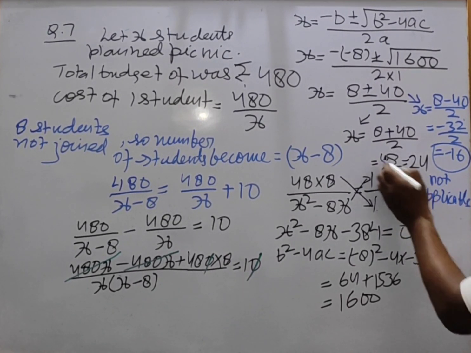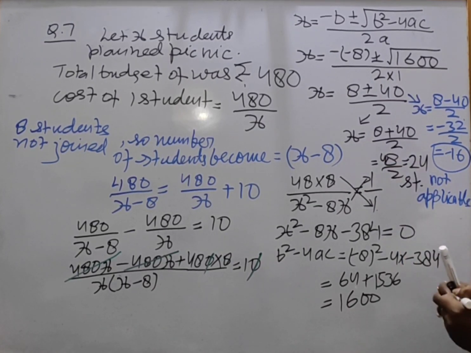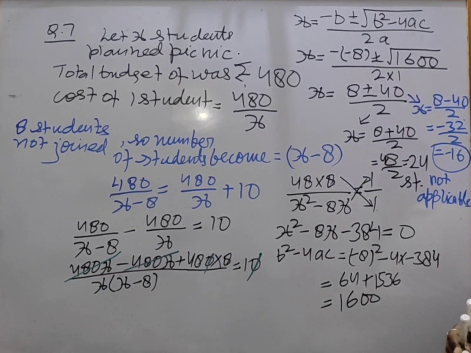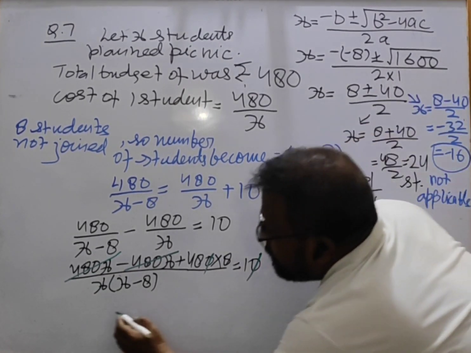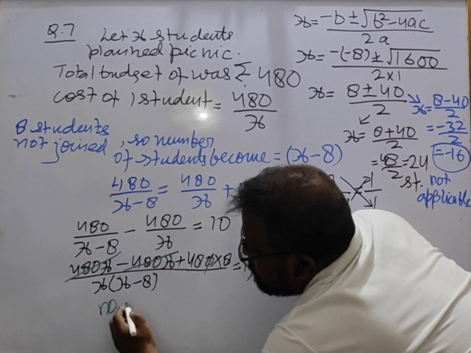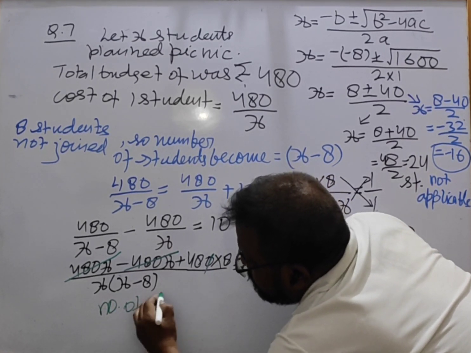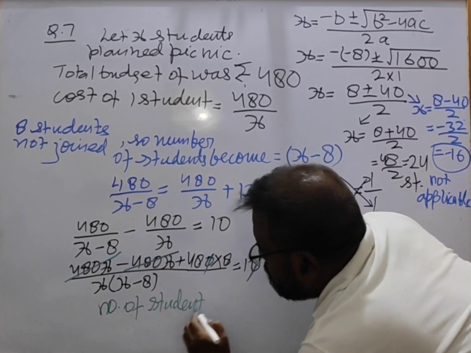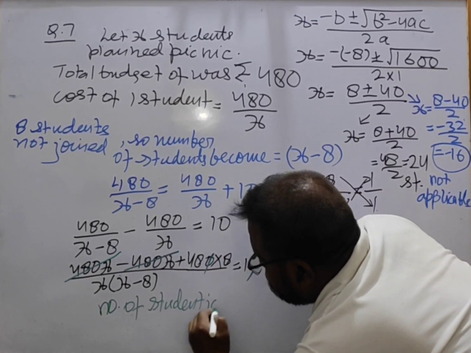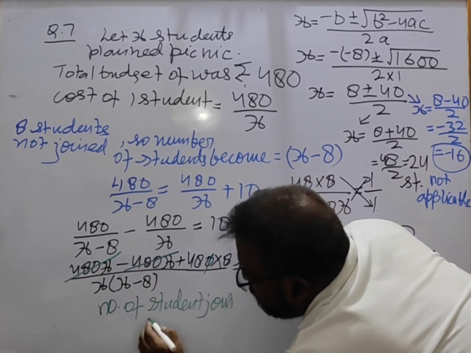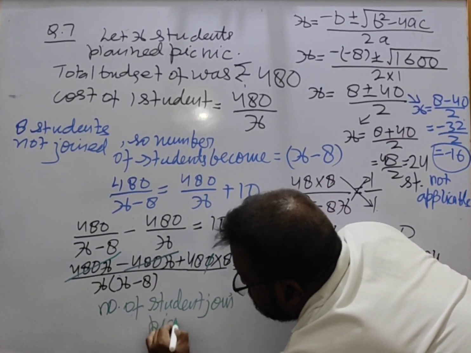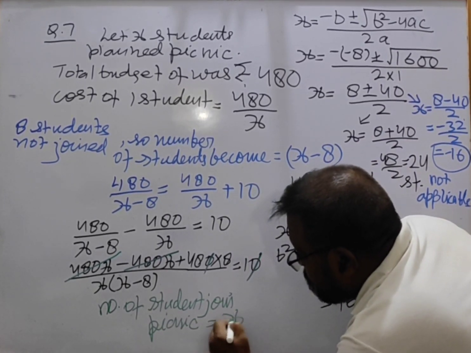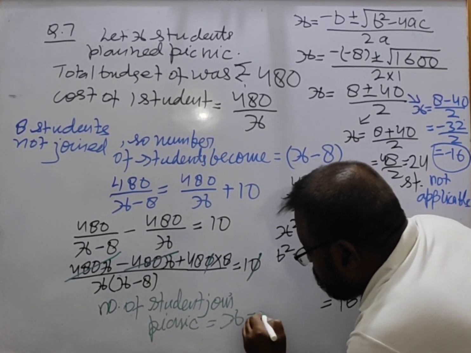Right? So our solution is this. The number of students who joined the picnic is x is equal to 24.